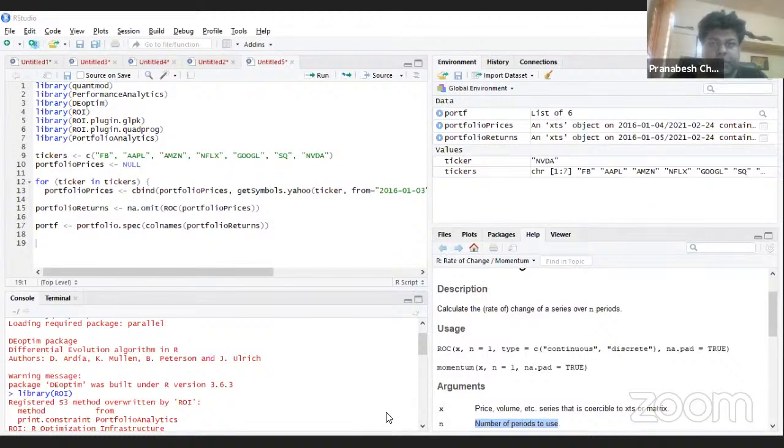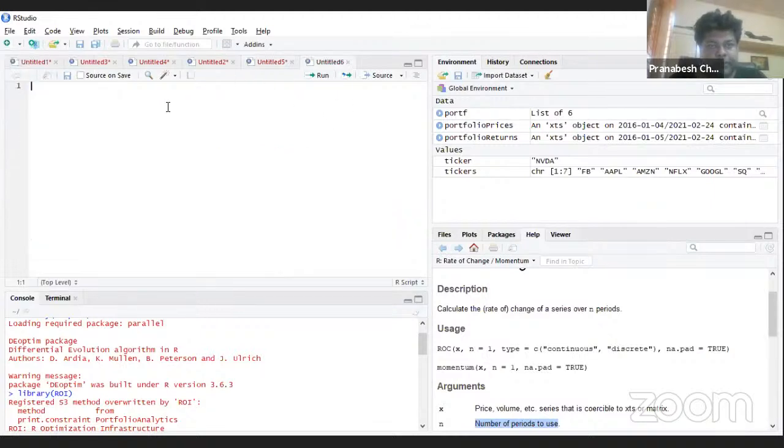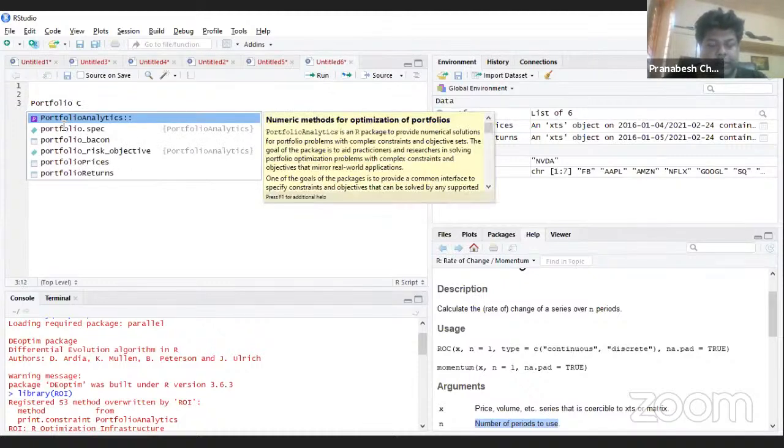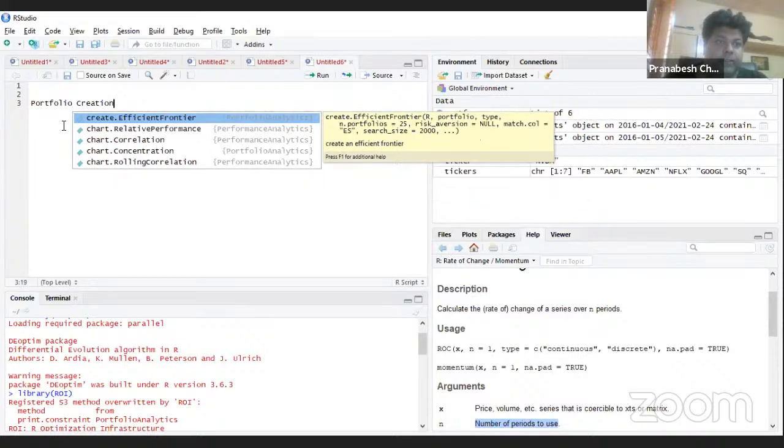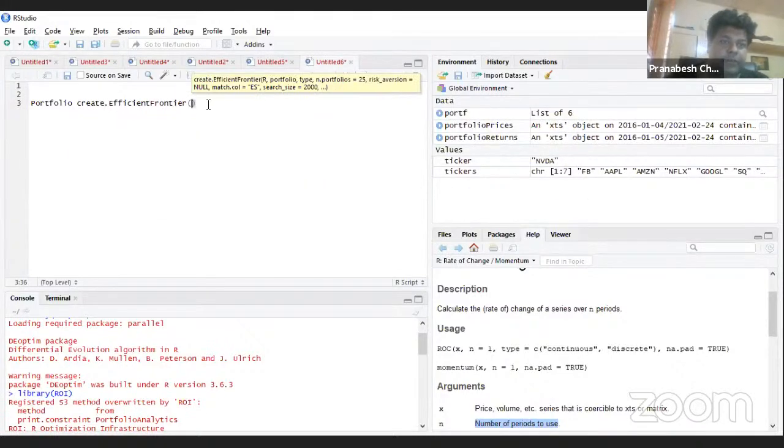I think I can show it here itself. I'm just using it at a notepad level. After creation of a portfolio, portfolio creation is the first step.